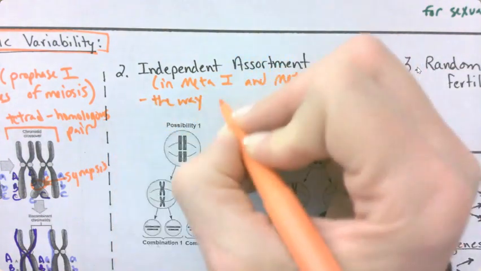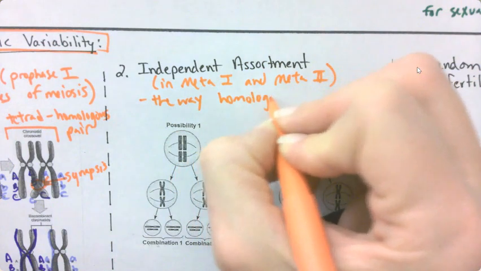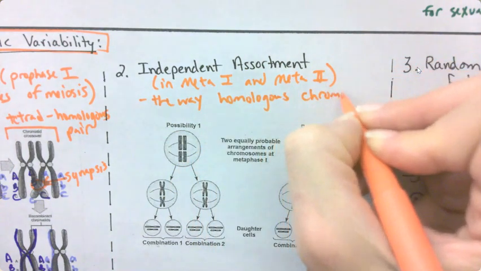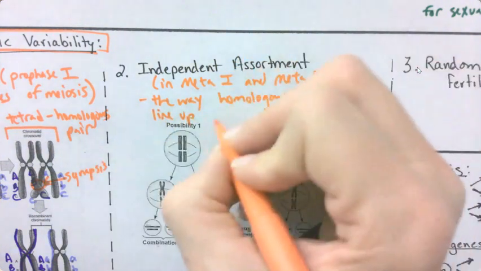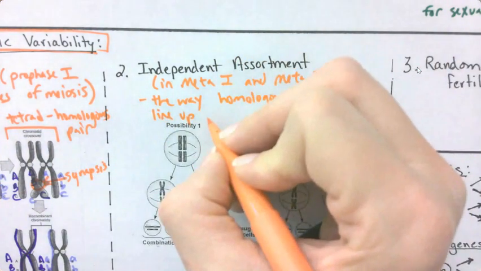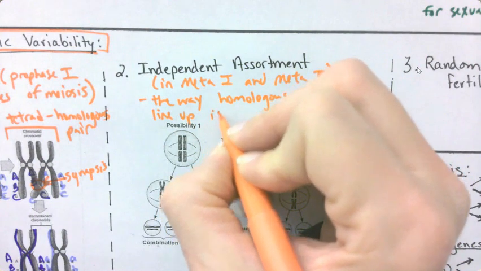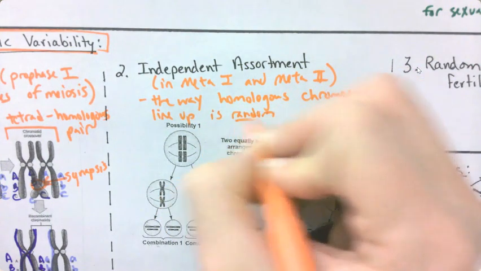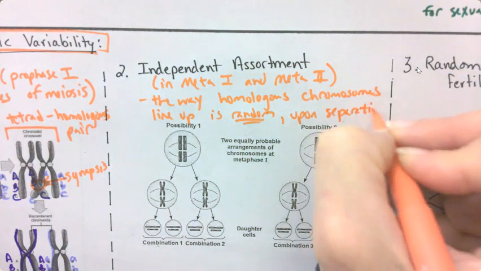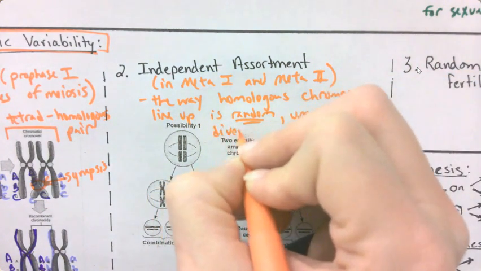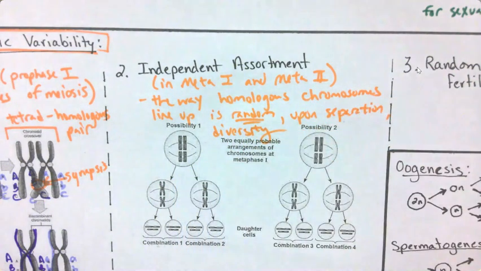The way the homologous chromosomes line up is random. So upon separation, you get diversity or genetic variation here, right?